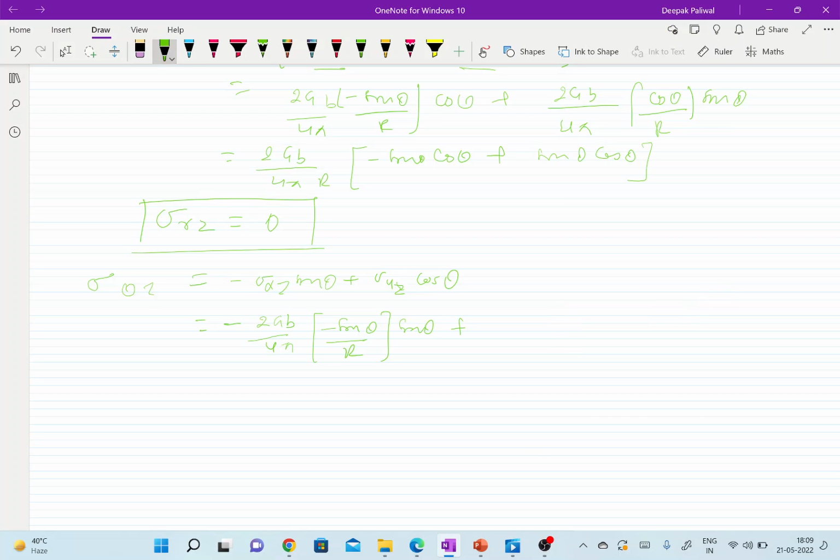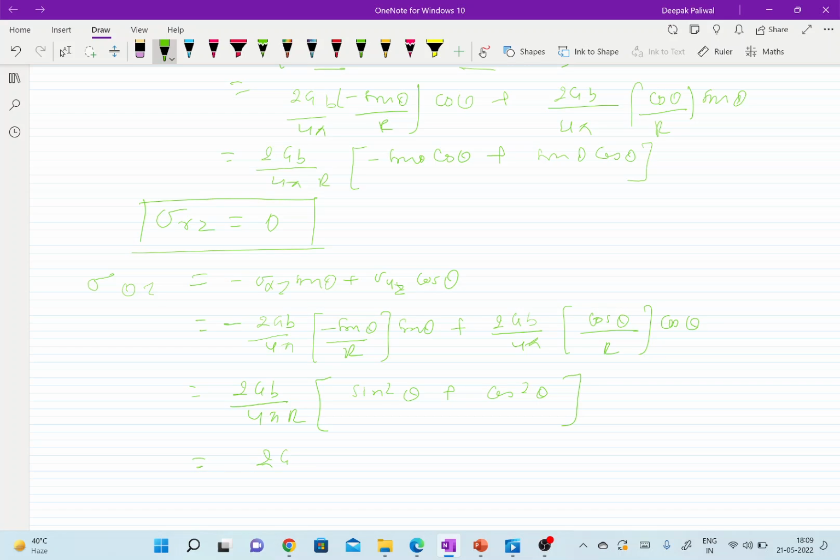2gb by 4 pi cos theta by r cos theta. So taking 2gb by 4 pi r common, the minus minus becomes plus, sin square theta plus cos square theta.